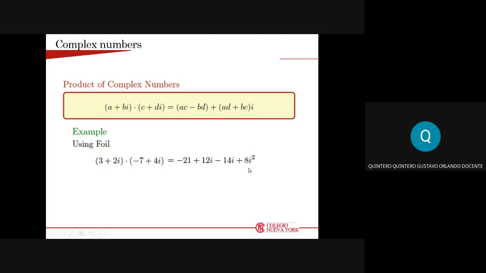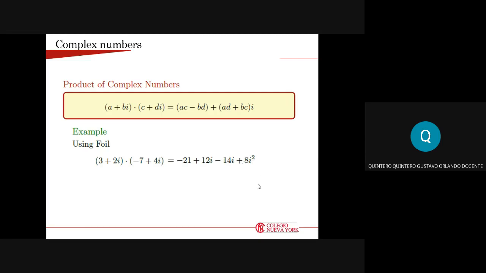Remember, numbers with numbers, letters with letters. Beautiful stuff. From here, can we do something else? Well, yes, we can. We recognize that here, we have an I squared. This I squared is the definition of our imaginary unit. Remember, every time we find an I squared, this is a negative one, right?